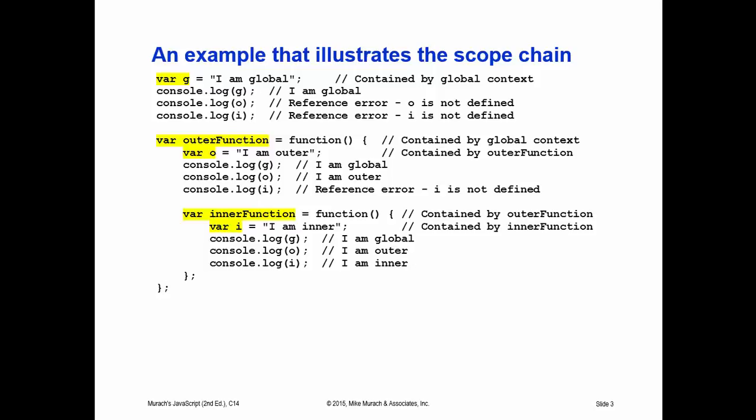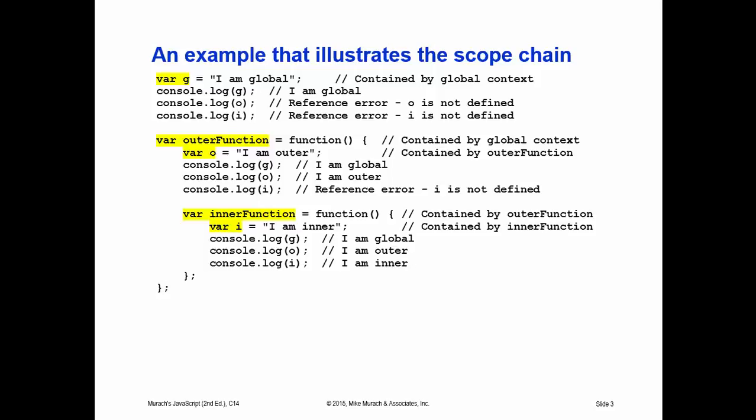Then we've got a global function named outerFunction. Within the outer function, it creates a local variable named o and a local function named innerFunction. Finally, within the inner function, there's a local variable named i.